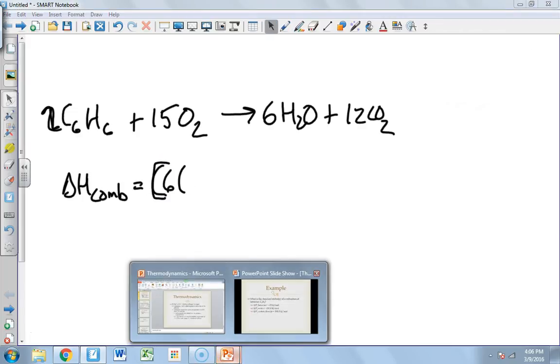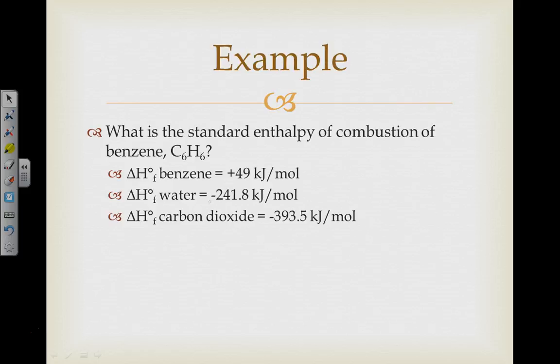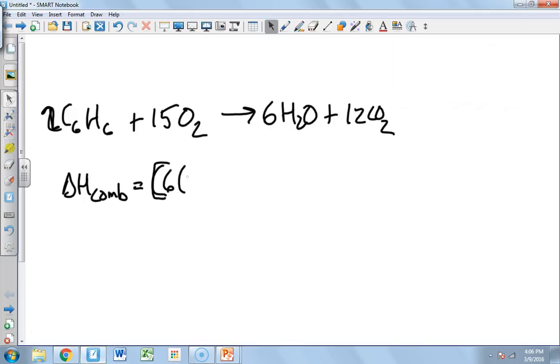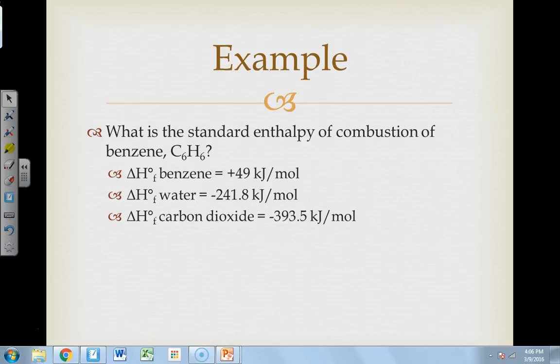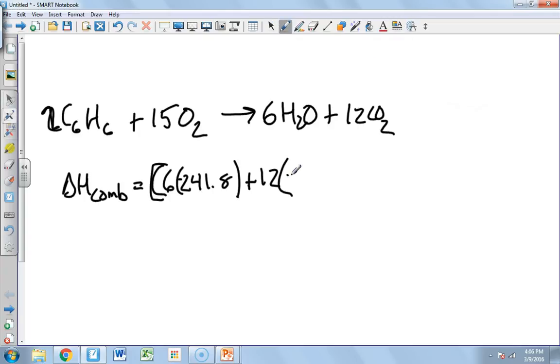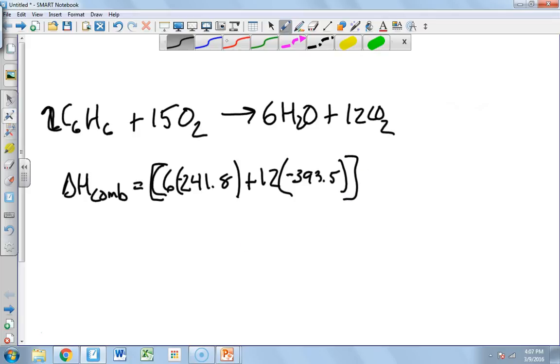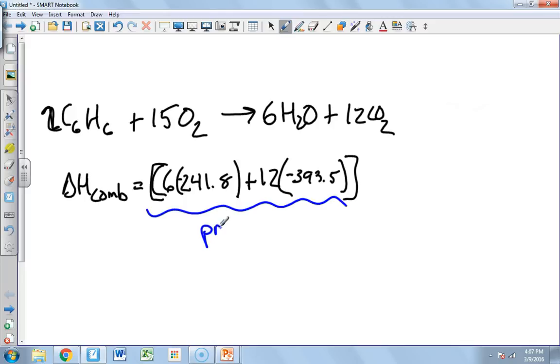And H2O has a delta H of formation of negative 241.8, so it's times negative 241.8, plus, that summation sign means add, 12 times CO2, and CO2 is negative 393.5. And so this here is our products.